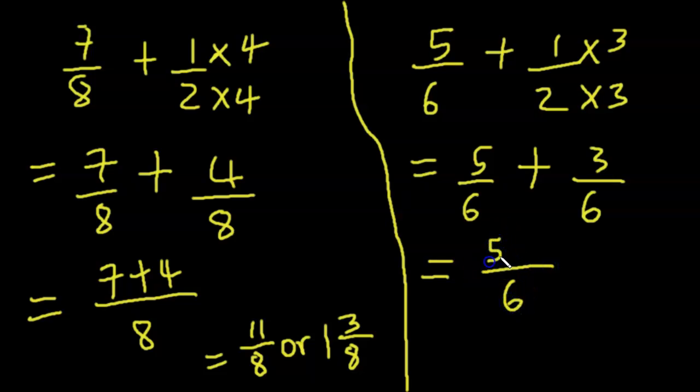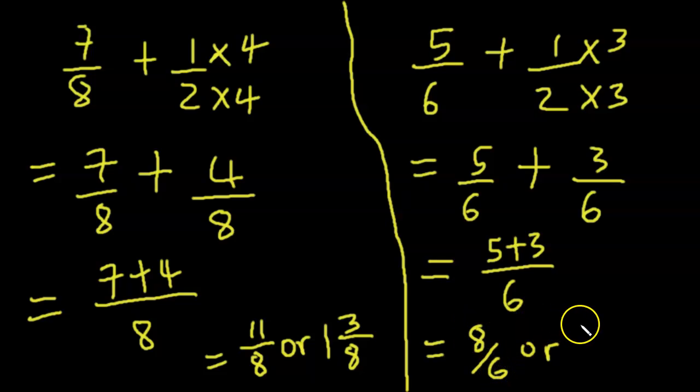So 5 plus 3. So this becomes what now? 8 over 6. And 8 over 6, you can simplify this fraction by dividing both values by 2. Good?